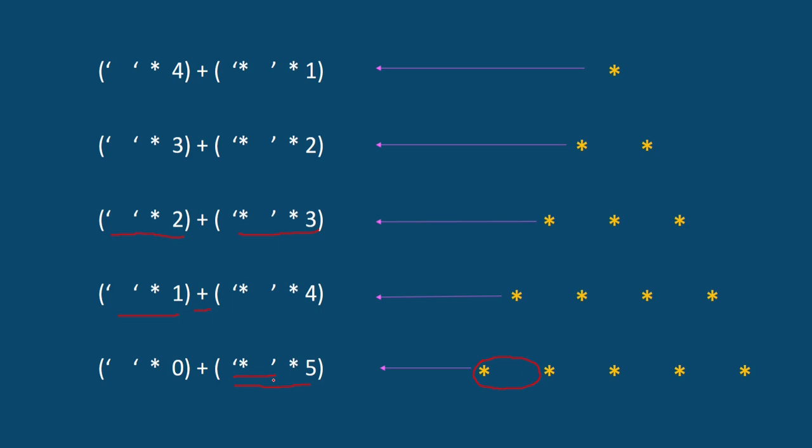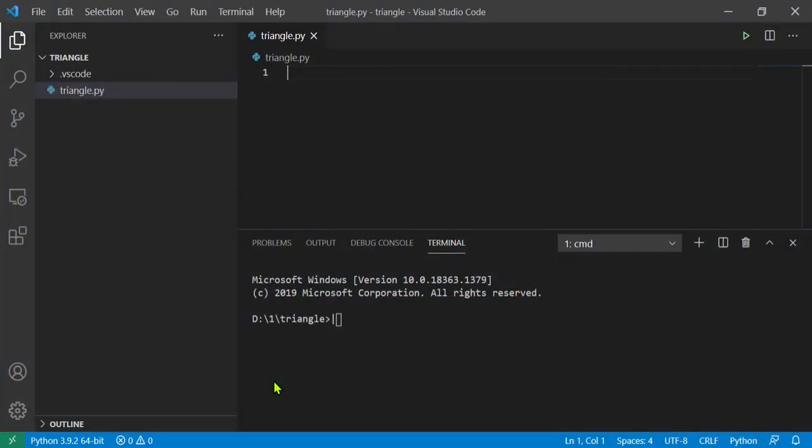Let's move to Visual Studio and execute this pattern. This is our triangle.py file. Declare and initialize a variable with 0, I equal to 0. We are going to use while loop here.